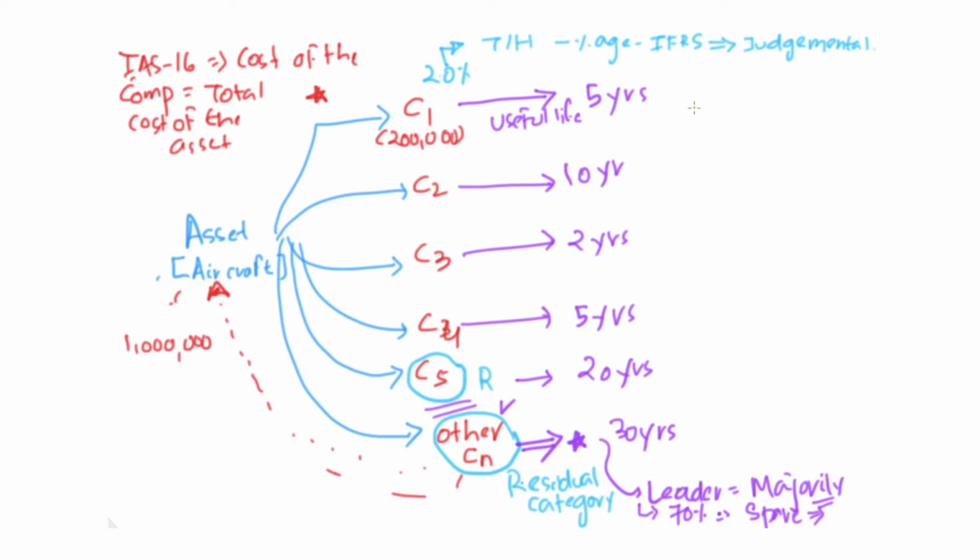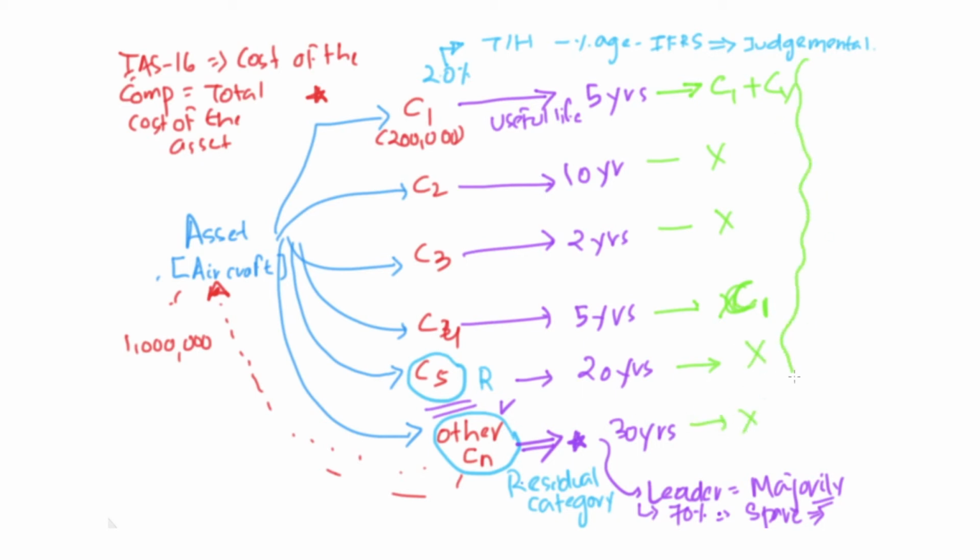Now what we're going to do is club those components which have similar useful life. C1 has C4, C2 does not have anything, C3 does not have anything, C5 does not have anything, and the other component does not have anything.